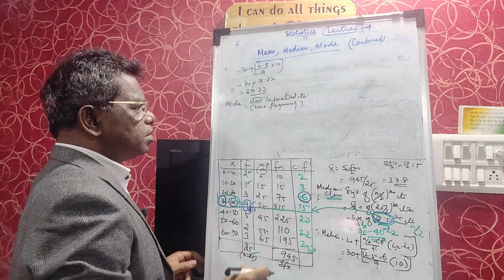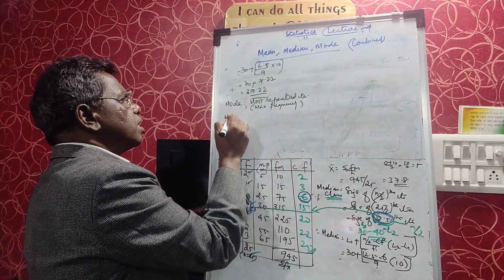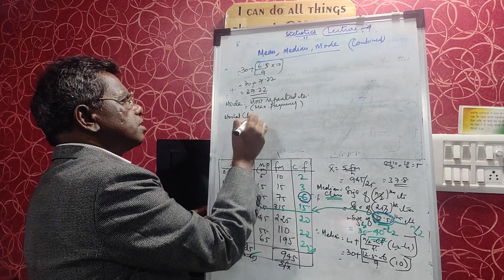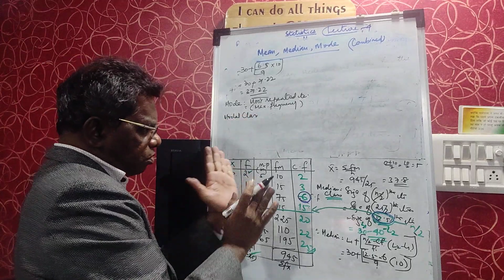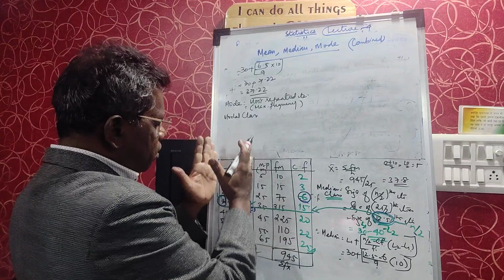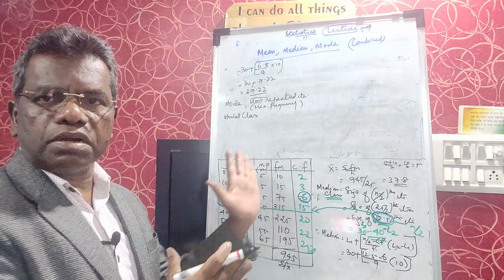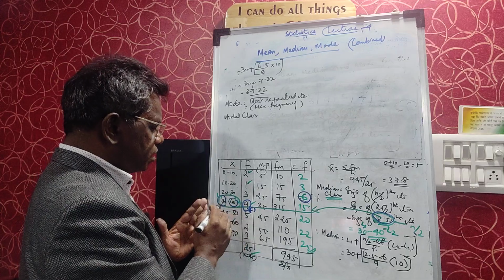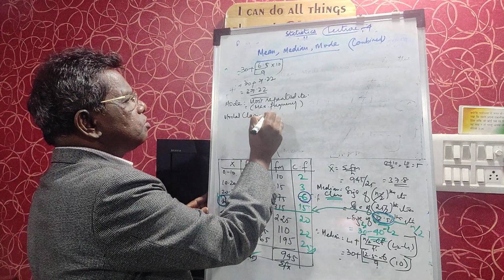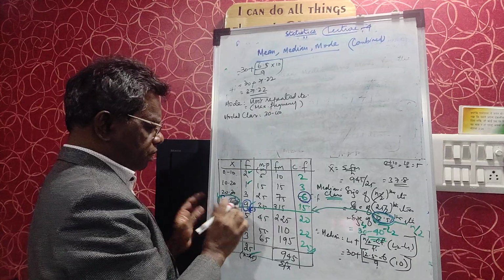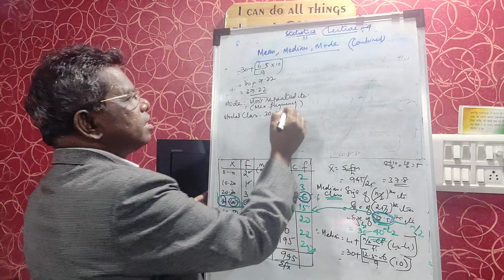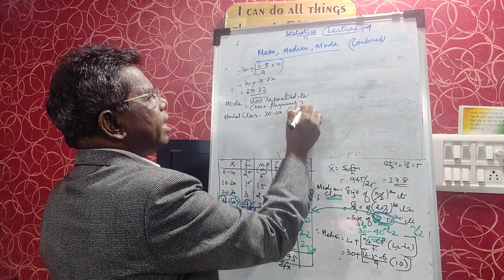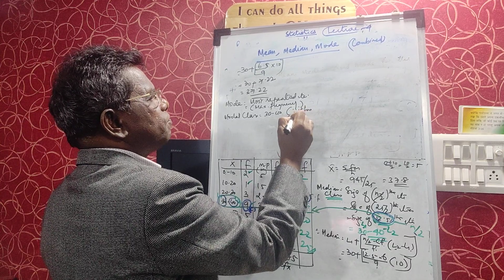You tell me, what is the modal class? The modal class is the one with maximum frequency. For mode only X and F are required; we don't want these other columns. So the modal class, frequency 9, is 30 to 40, since it has the maximum frequency.